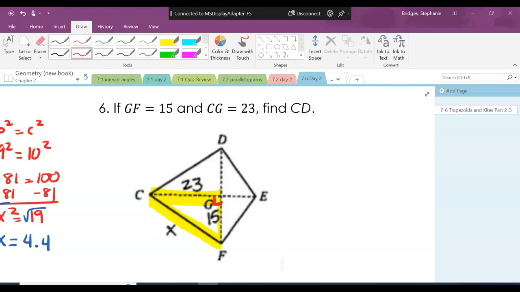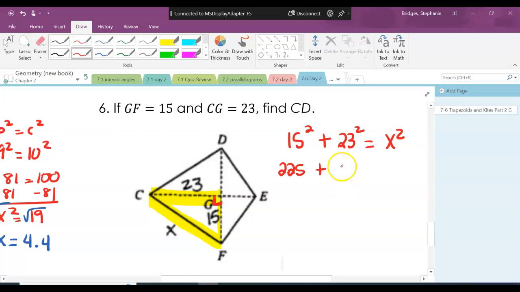You can either do 15 squared plus 23 squared, or you can do 23 squared plus 15 squared, either way. What is 15 squared? 225? What about 23? I don't know that off the top of my head. What's 23 times 23? You guys all have calculators. Somebody tell me what 23 times 23 is. Thank you.